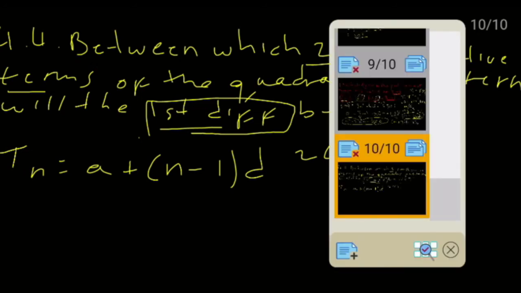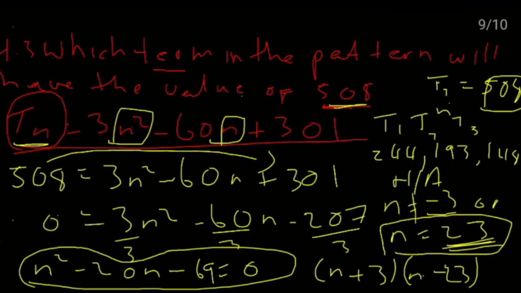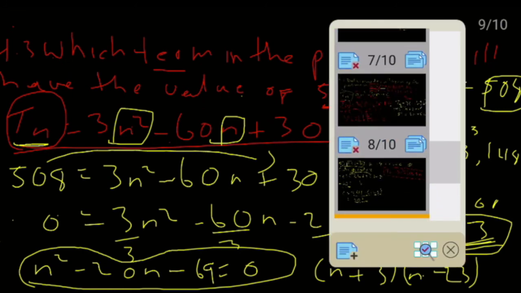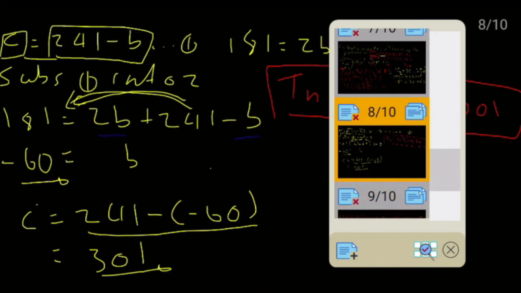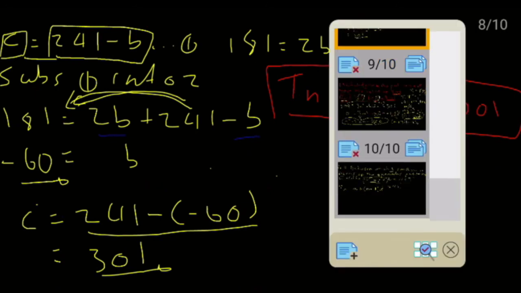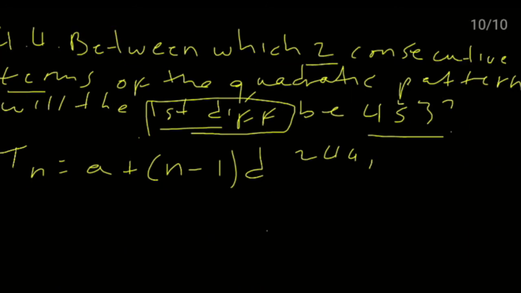let me just go back to the slide and see what I have. Let's see, actually let me just write it all down. Now let's go back to our pattern.